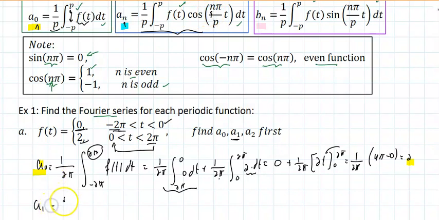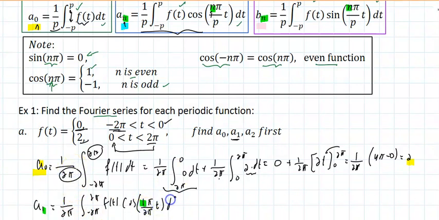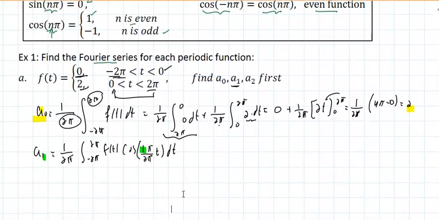So that would be 1 over 2 pi, the integral from negative 2 pi to 2 pi of f of t times the cosine of 1 pi over p. The reason I'm putting 1 is because we're finding a sub 1. But we know p is 2 pi, t dt.